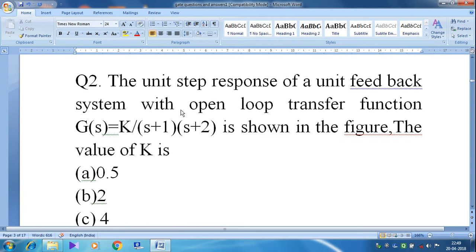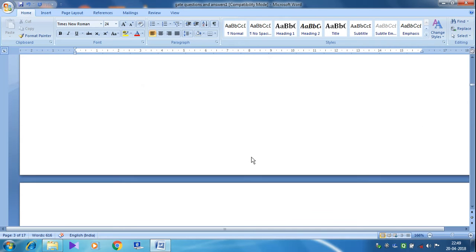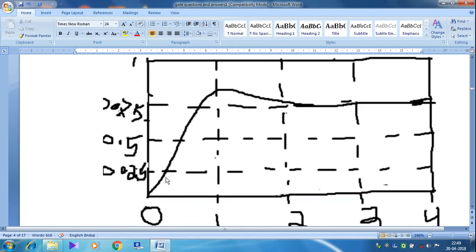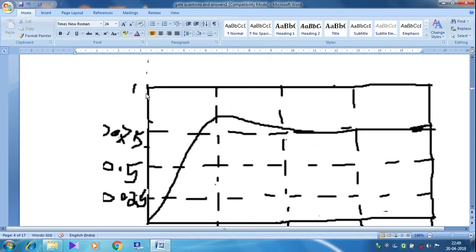So here the open loop transfer function is given, then we will apply unity step input, and the response is shown in the figure. So this is the figure. इसका मतलब ये हमारा आउटपुट है, मतलब we are applying unity step input.